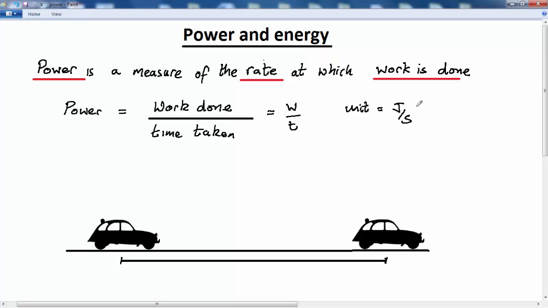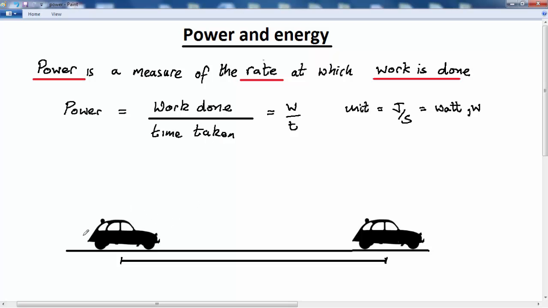And so the joule per second is replaced by the watt, or W. So the unit for power is the watt, but we must always remember that that is joules per second. It's the energy being transformed within a given time.